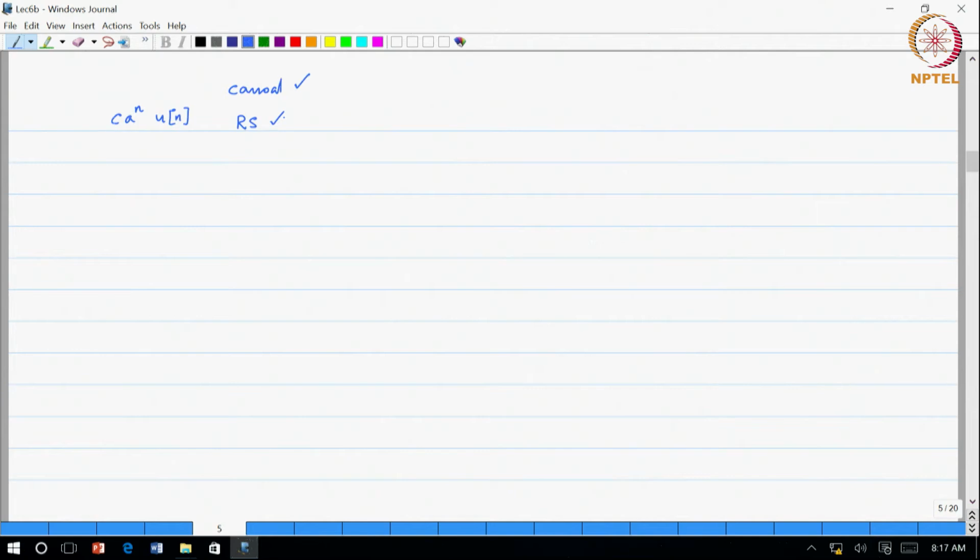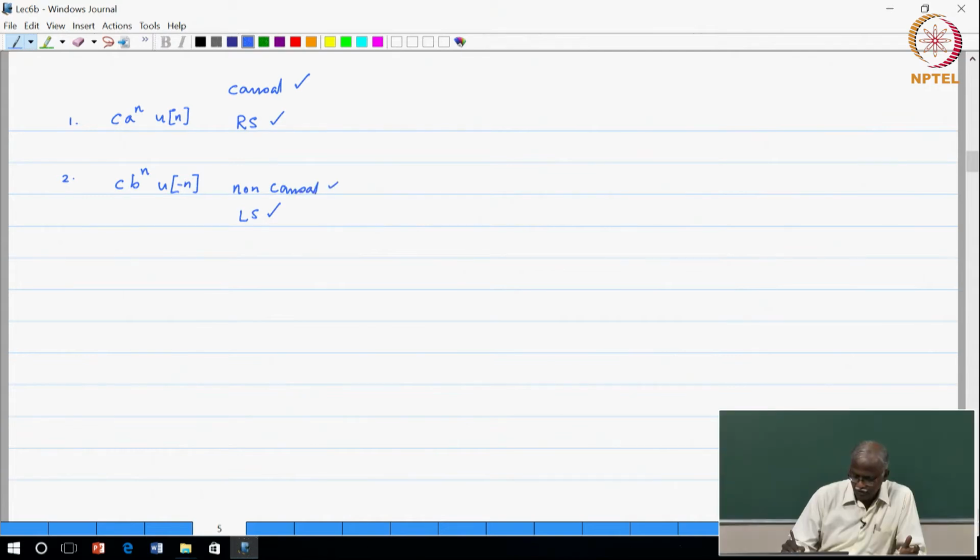Of course, causal means it would be right-sided. The second example would be c times b power n u of minus n. This is left-sided clearly, and it is not anti-causal, it is non-causal, because it is defined at n equal to 0, again the same property that we discussed earlier.